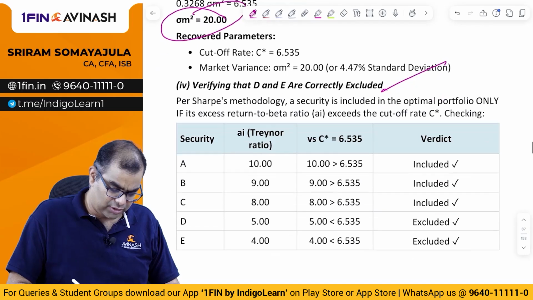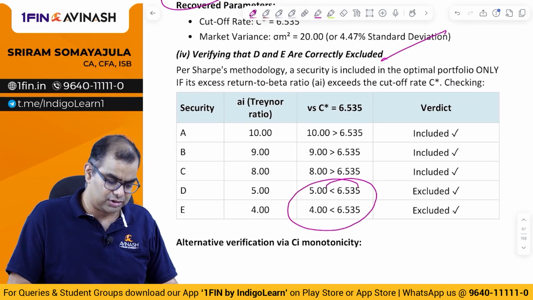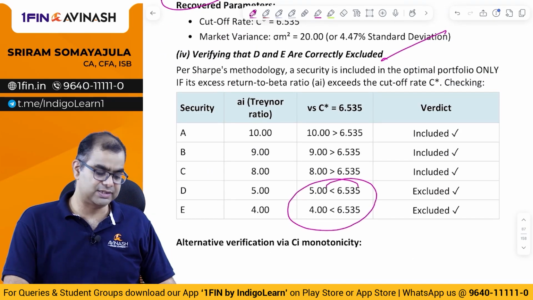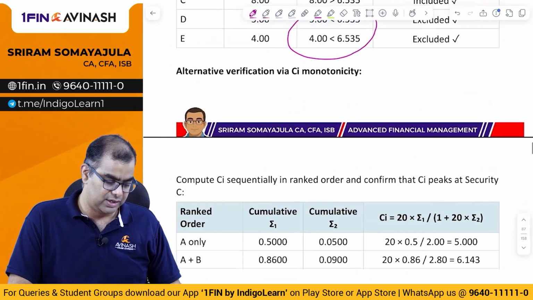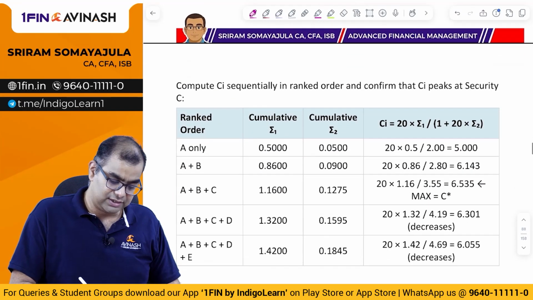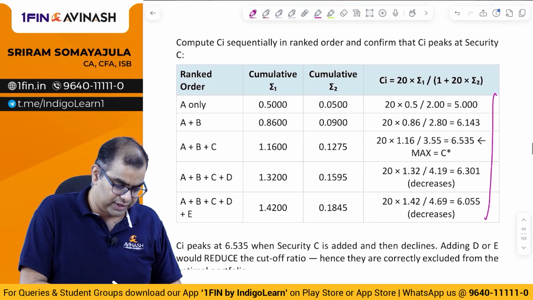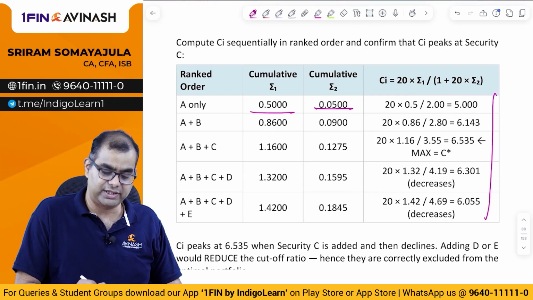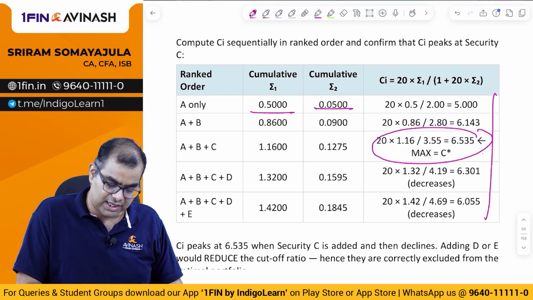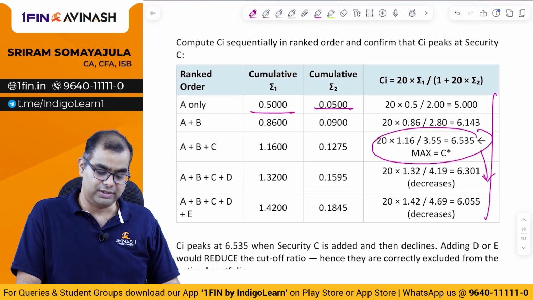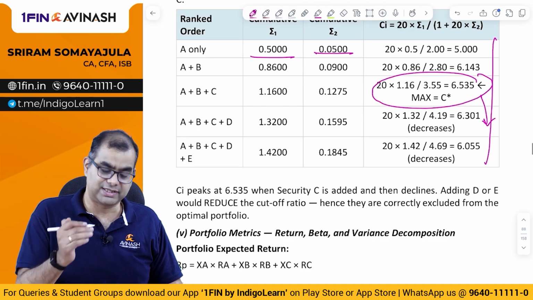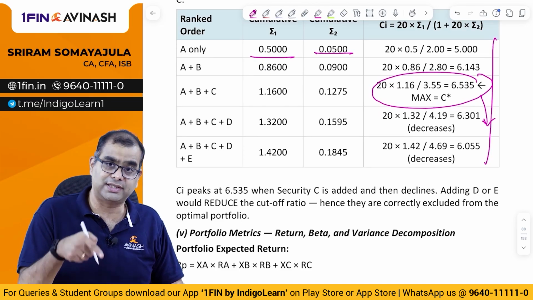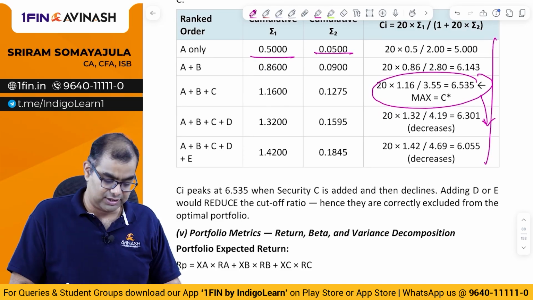Verifying they are correctly excluded: obviously they are excluded because they exceed the cutoff rate, only if excess return to beta exceeds the cutoff rate. Then there was another alternative working where you compute cumulative values at each level, and after it starts dropping, at that point is the C star. This is one of the methods in which the ICAI study material has solved this.